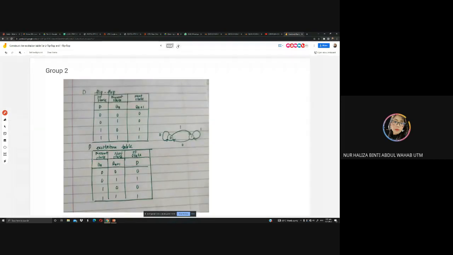D flip-flop here. If you still remember, if you have D equal to 0, then your next Q also will be 0. If the next Q is 1, your D will also be 1. So you can see here, everything is similar for your next state.